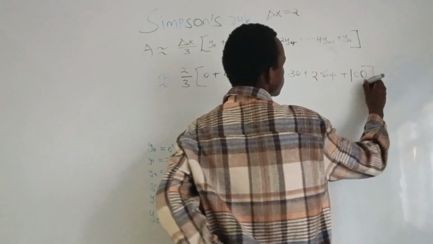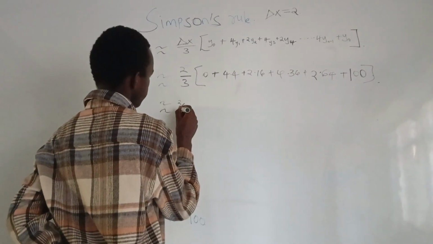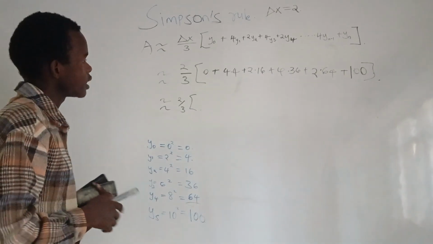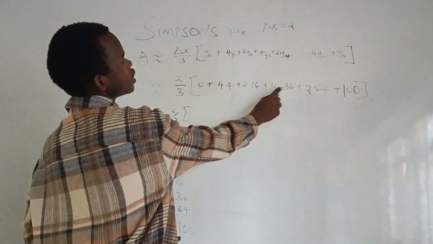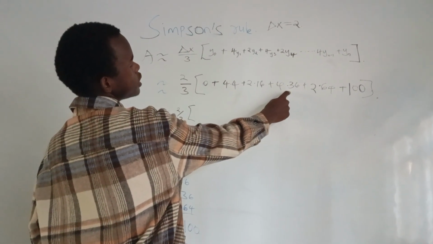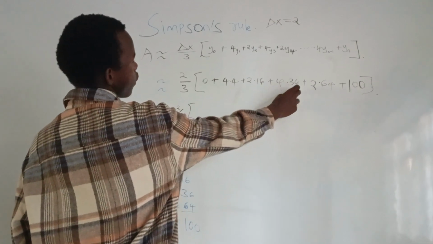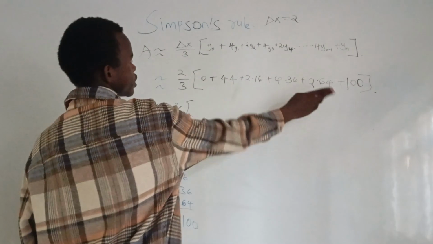So let's just complete. Our area will be 2 over 3 into, let me add that. So it will be 4 and 4, 16, 32. This is 4. 144, right? This one 58.